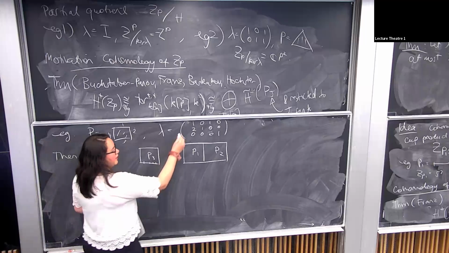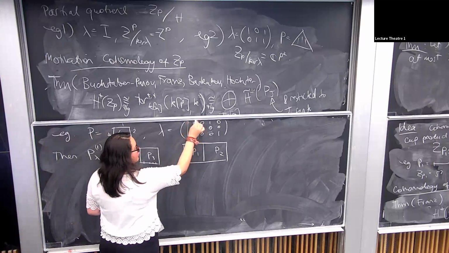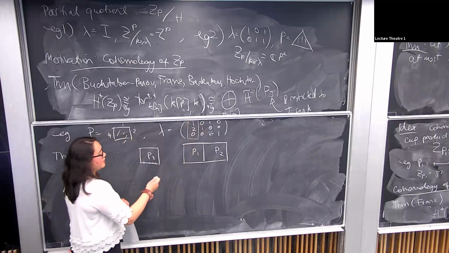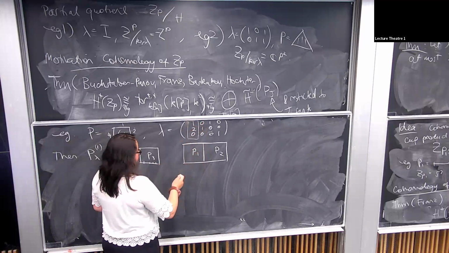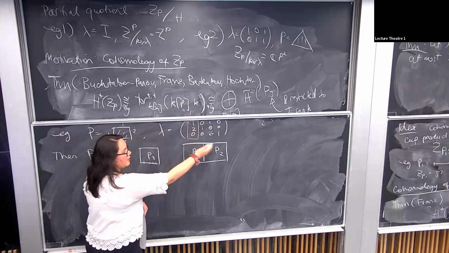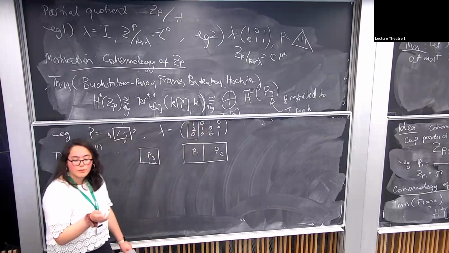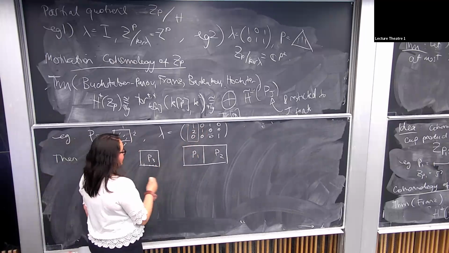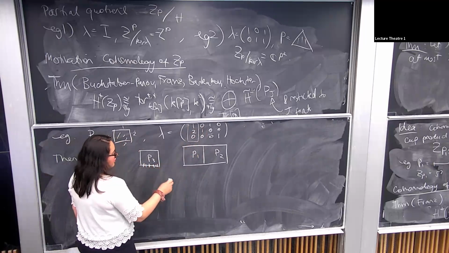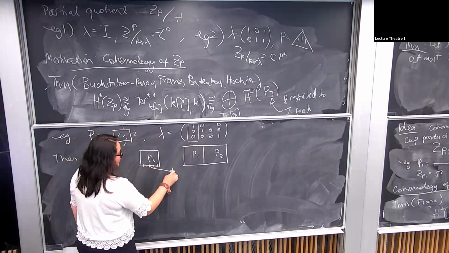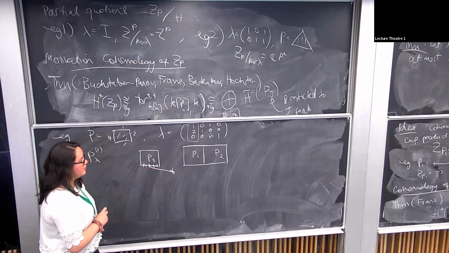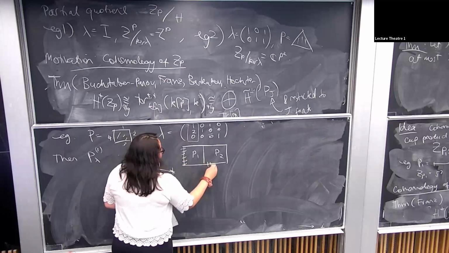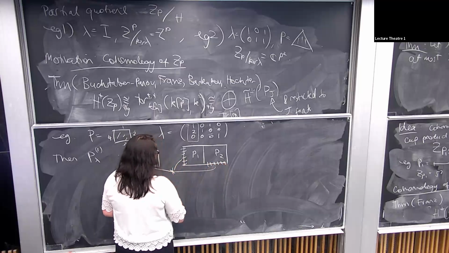But the fact that this column has 2 non-zero entries in it means that I want to identify them along a particular face. And the fact that none of the rest of the columns have 2 rows in them means that I want to identify a corresponding face to the identity, so somehow to a point. Maybe I identify this edge to a point, and I also end up identifying these 2 edges also to the point.